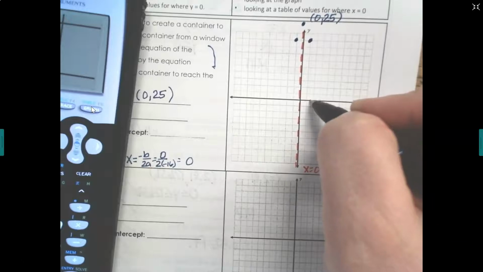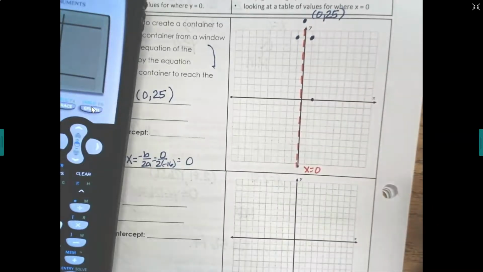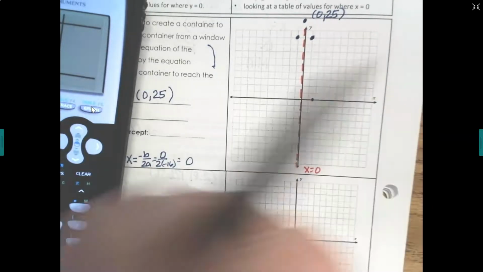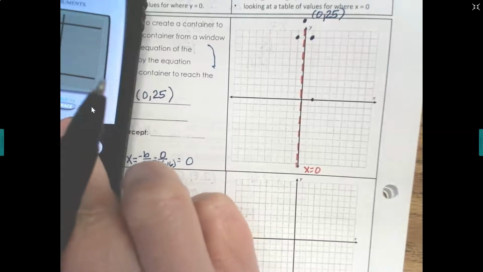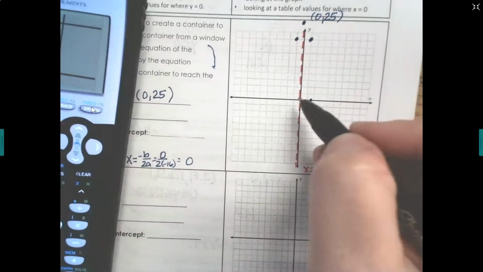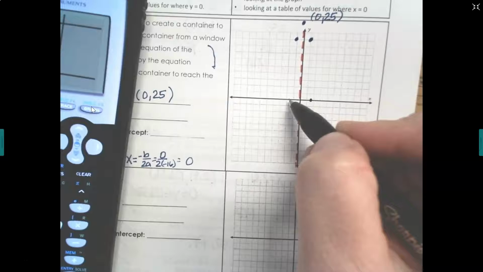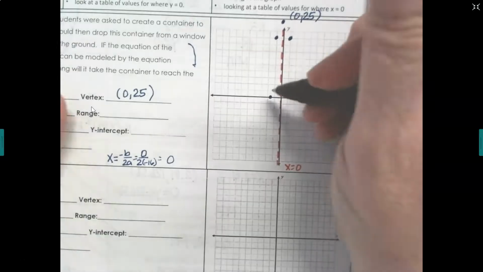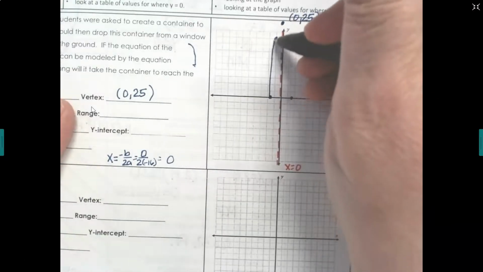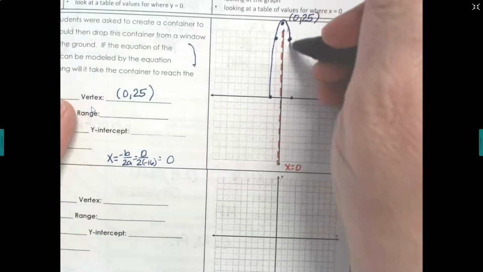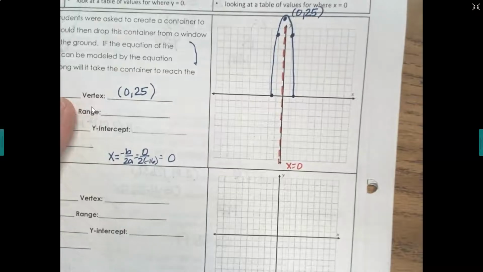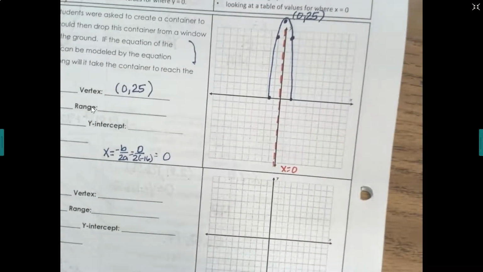Somewhere between 1 and 2, the graph is going to go below 0. So our graph is kind of tall and skinny, and it would be a lot taller if we went all the way up to 25. So it kind of looks like that.